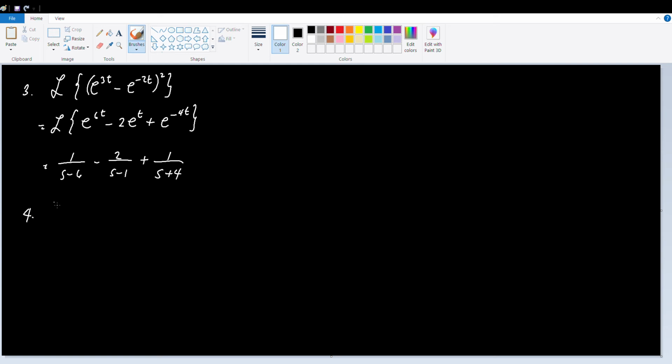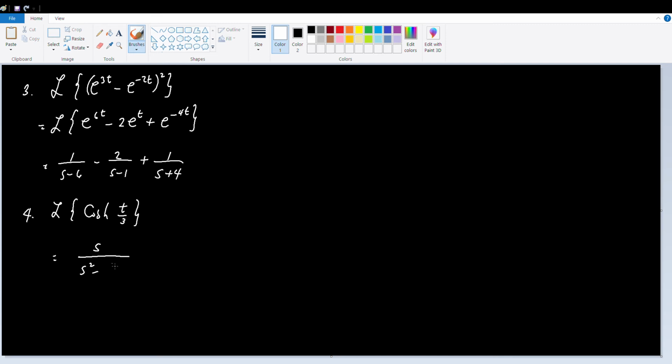How about the Laplace transform of, say, hyperbolic cosine of t over 3? Hyperbolic cosine of t over 3 will be equal to s over s squared minus k squared.